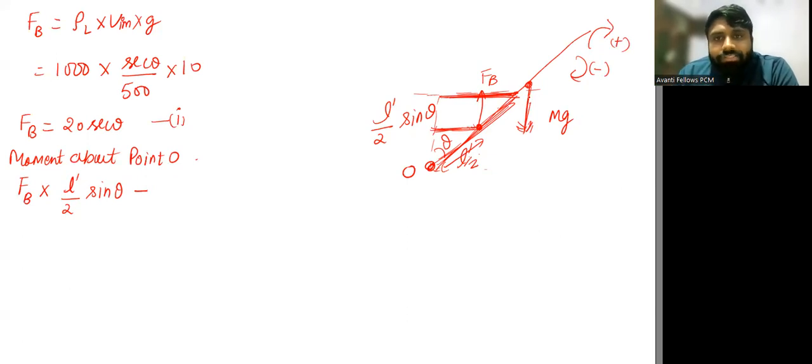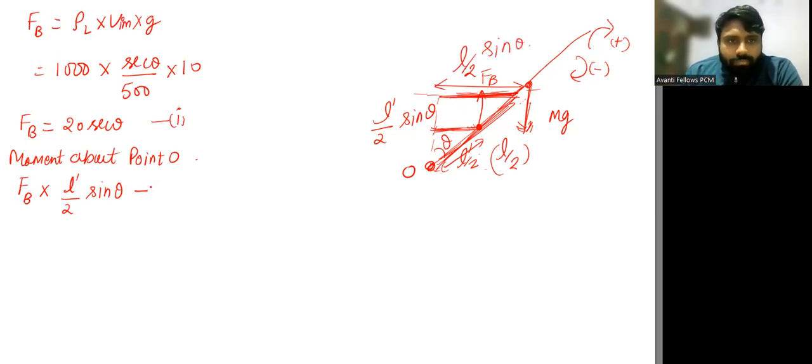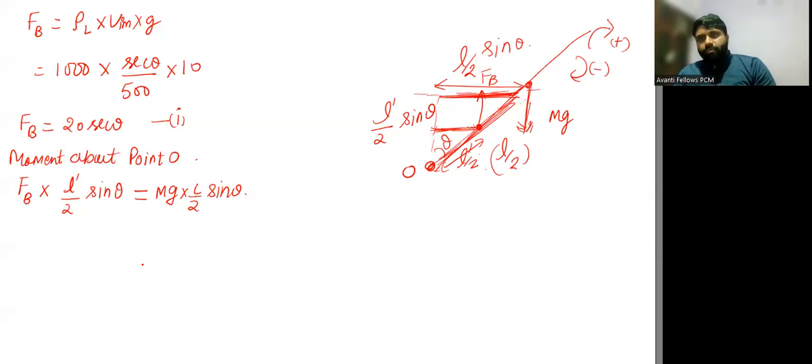So this is the clockwise direction, which is mg. Now mg will act at L by 2, but I have to take the perpendicular distance. So it will be L by 2 sine theta, equals mg into L by 2 sine theta.